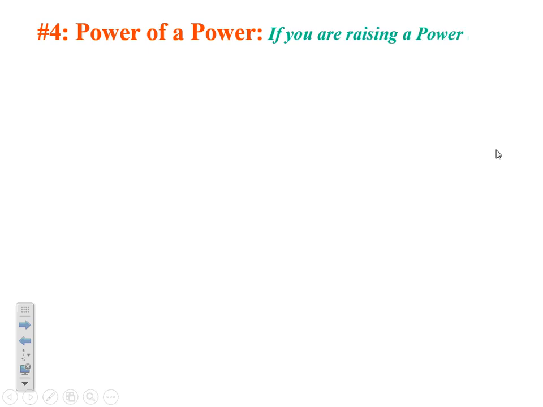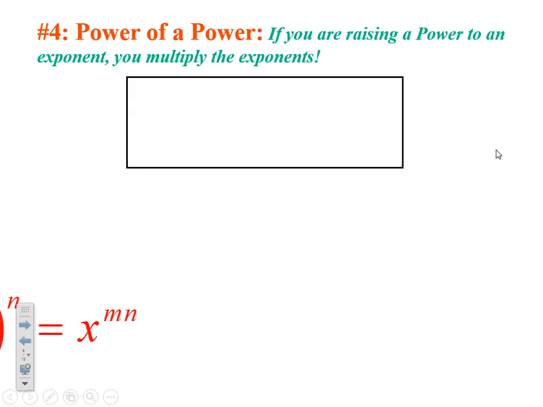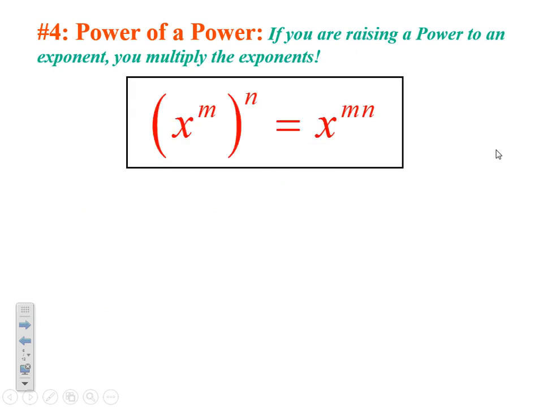Law number 4. Power of a power. If you are raising a power to an exponent, you multiply the exponents. So in variable form, this is what it's going to look like. The quantity x to the m, to the nth, equals x to the m times n.